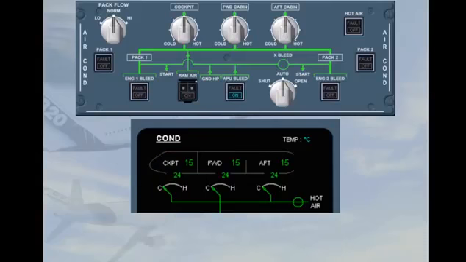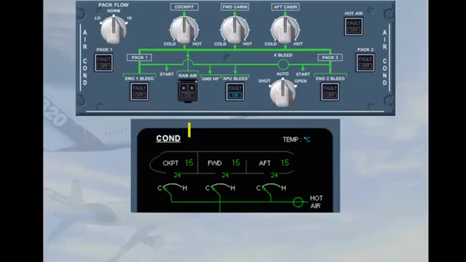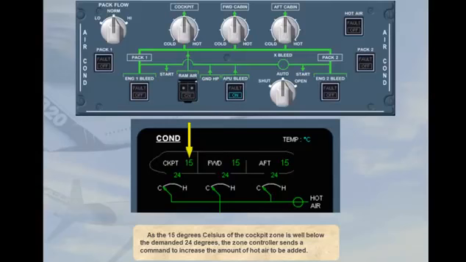The cockpit zone temperature selector is in the 12 o'clock position. In this position, a zone temperature of approximately 24 degrees Celsius is demanded. As the 15 degrees Celsius of the cockpit zone is well below the demanded 24 degrees, the zone controller sends a command to increase the amount of hot air to be added.